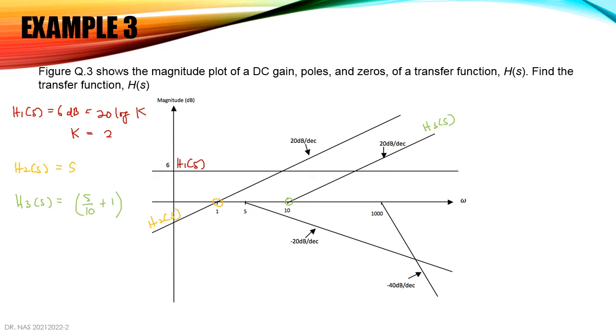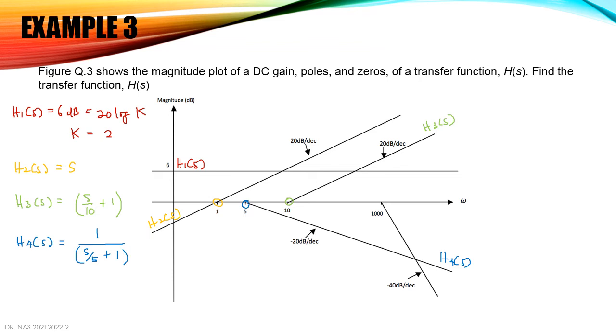So now let's move on to the poles. So the first one, you have poles at 5. So we call this one H4(s). So H4(s) equal to, it is poles, so 1 over s divided by 5 plus 1.